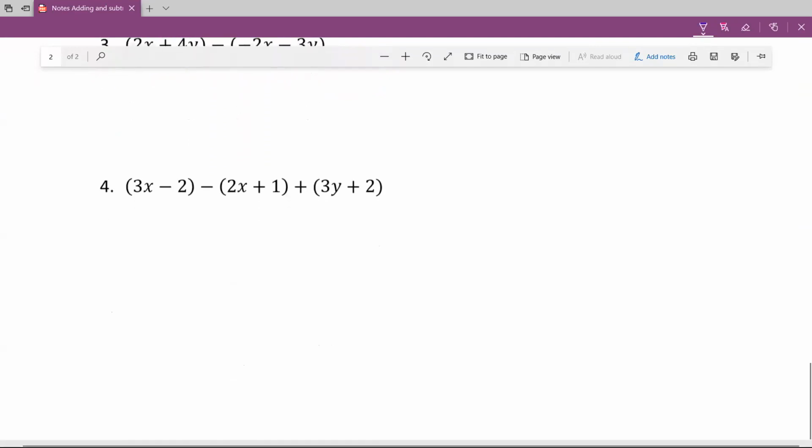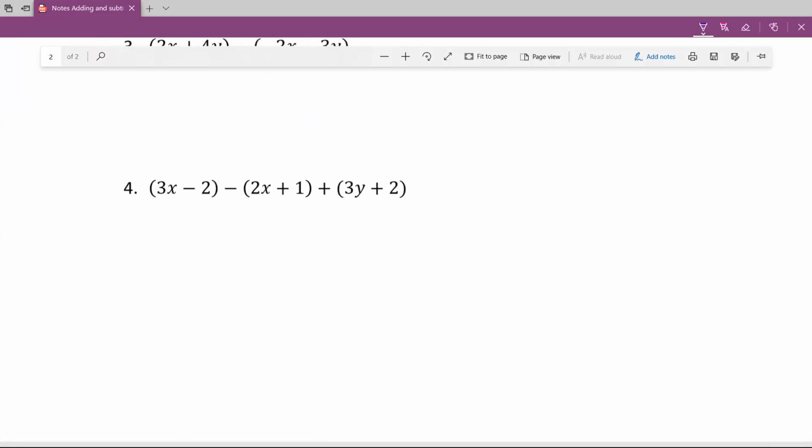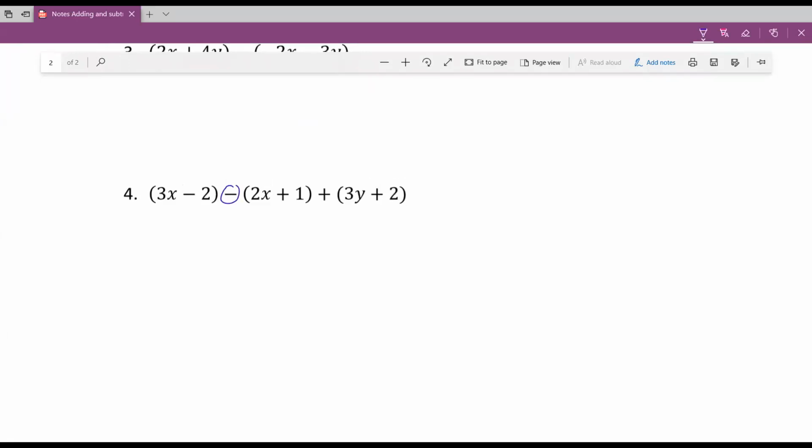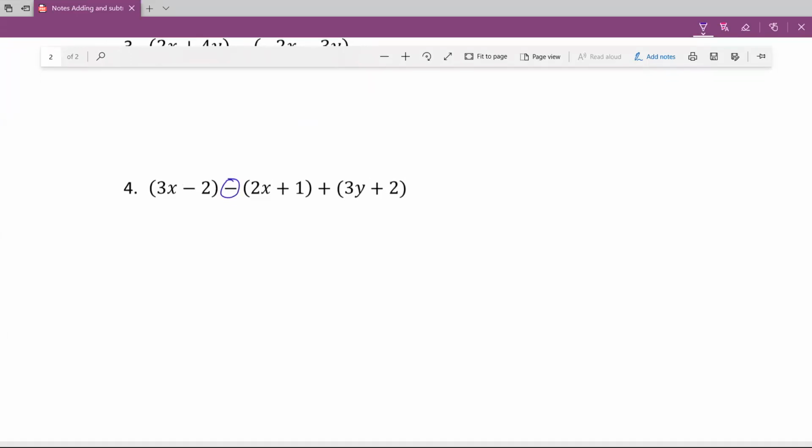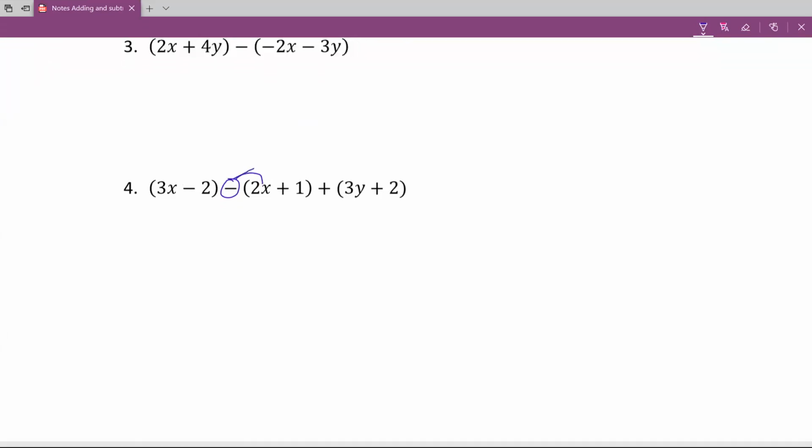Now let's jump down to example number 4. I have a minus and a plus. I'm going to take my minus sign and I'm going to distribute it just to this piece that I'm minusing. So negative 2x minus 2x. A negative and a positive makes a negative 1.